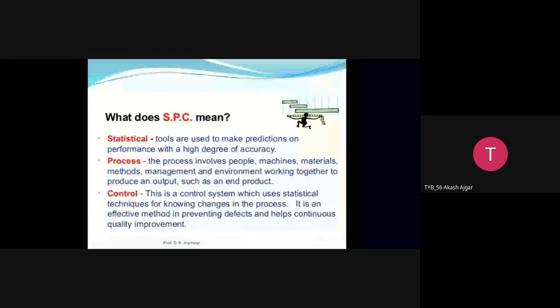It is an effective method in preventing defects and helps continuous quality improvement. By using the controlling process, we can effectively prevent future defects, prevent defective manufacturing, and continue giving a quality-improved product. So that is called control.